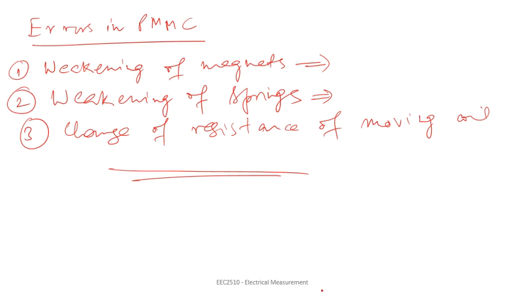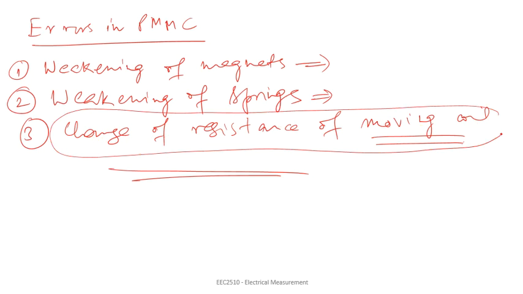So as soon as the temperature changes, it will change the resistance of the moving coil. In coming lectures we will see what the remedies are to counter this type of error, to negate the change of resistance.